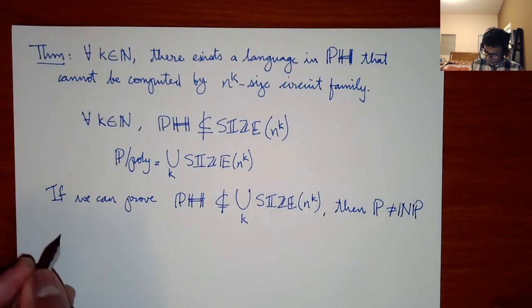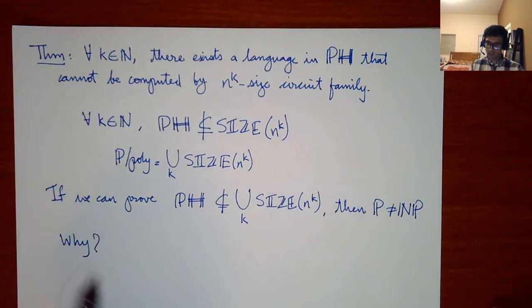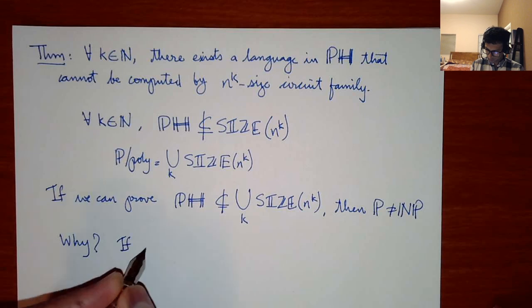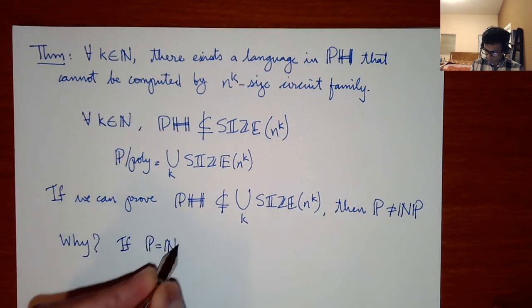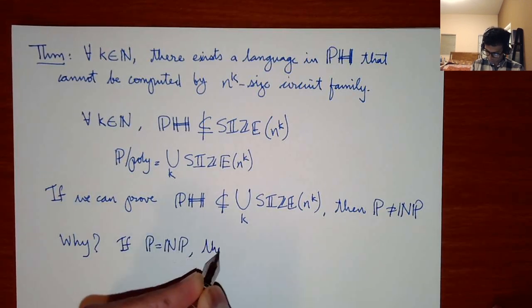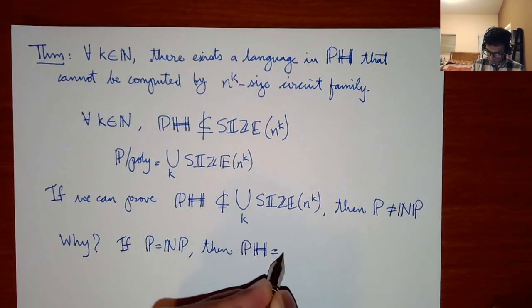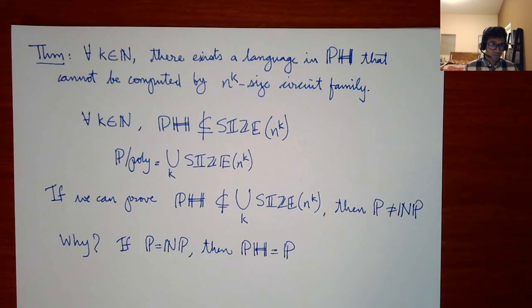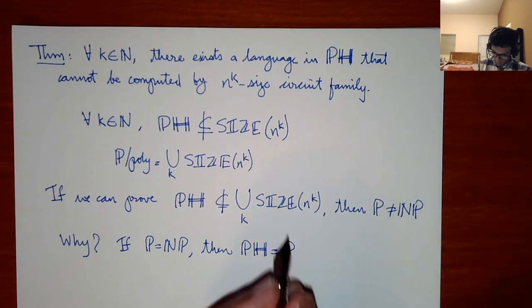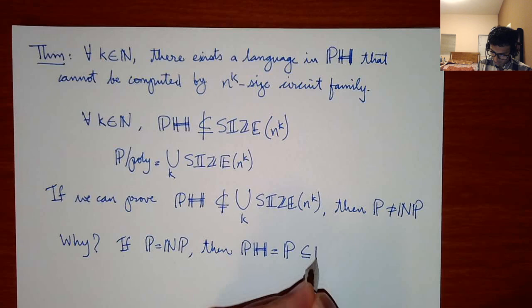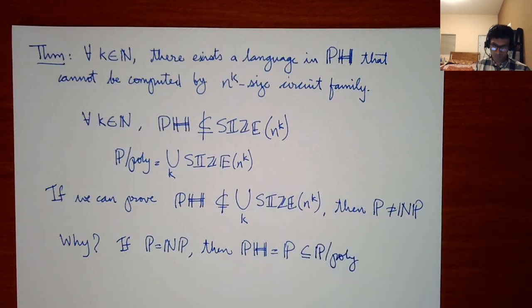Why? Let's take the contrapositive. If P is equal to NP, then the polynomial hierarchy is actually equal to P. Remember, the polynomial hierarchy is built through the oracle model, and if all the oracles are in P, then everything is in P. And P is definitely contained in P/poly, as we proved earlier.